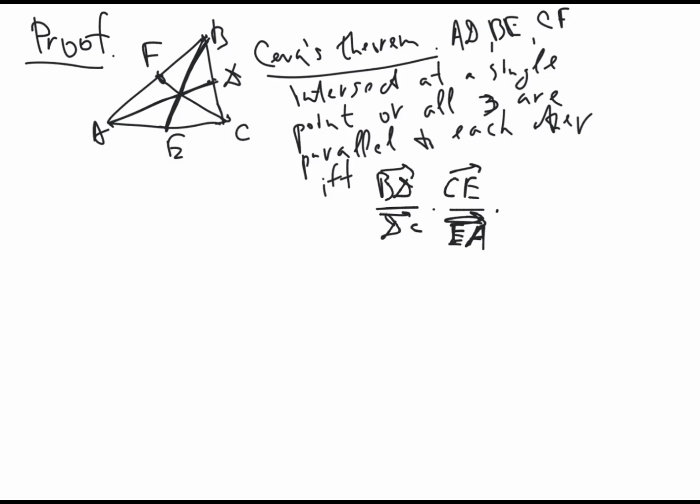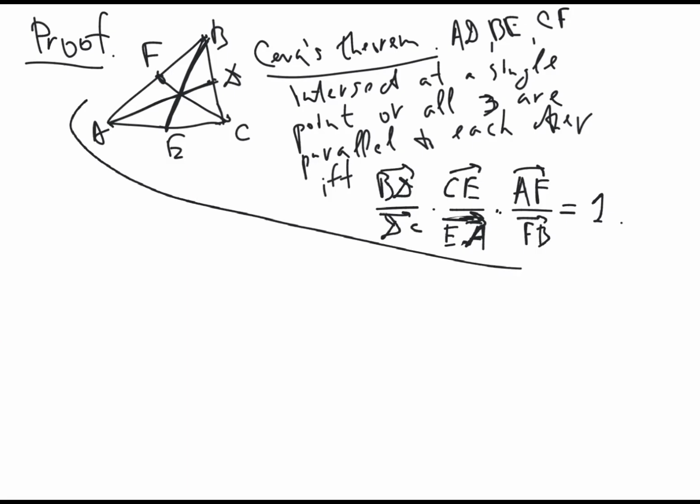It can be positive or negative depending on whether the vectors have the same direction or the opposite direction, multiplied by AF over FB is equal to 1. So this is Ceva's theorem.